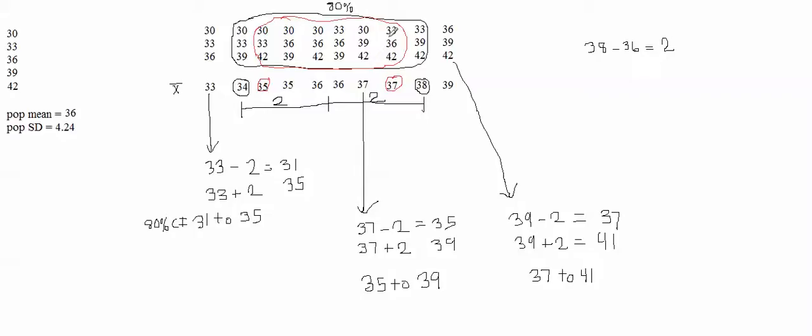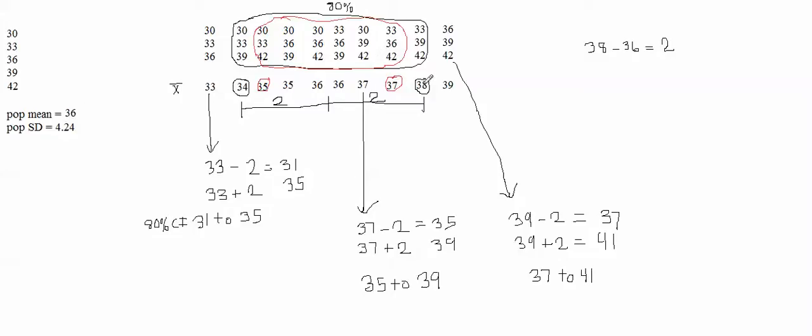We find this the same way as we did with the 80% margin of error, except now what we want to do is subtract the mean of the highest sample in the middle 60%, which is the mean of 37, by the population mean.